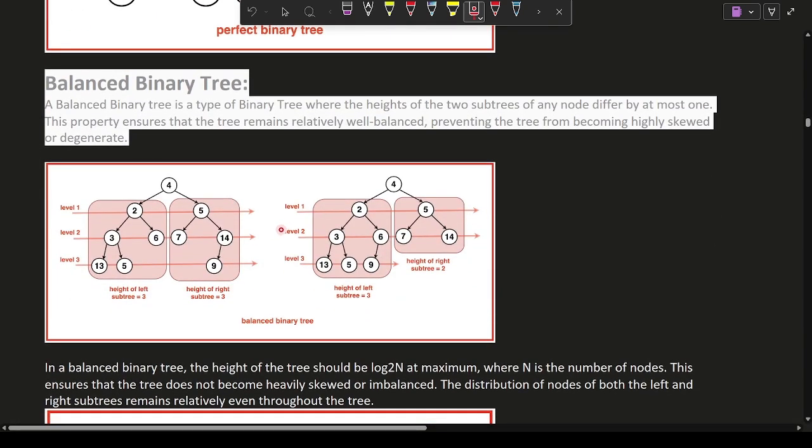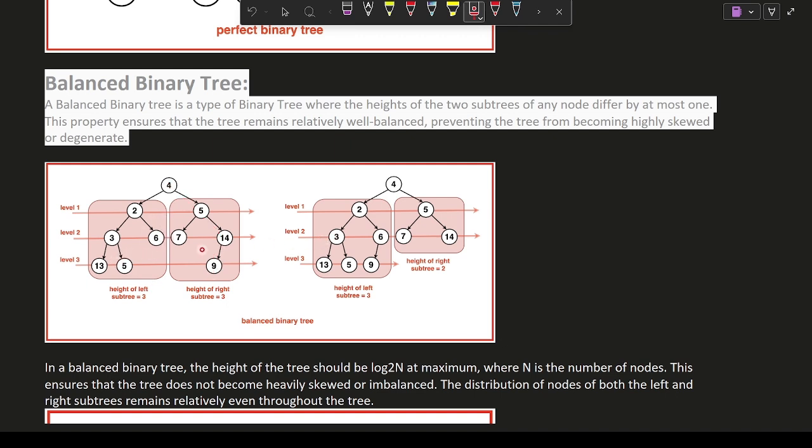Now come to the balanced binary tree. This one is one of the important ones. A balanced binary tree is a type of binary tree where the heights of the two subtrees of any node differ by at most one. This property ensures that the tree remains relatively well balanced and prevents the tree from becoming highly skewed or degenerate. Here one root is connected to two sub branches. From here to here is called the height.